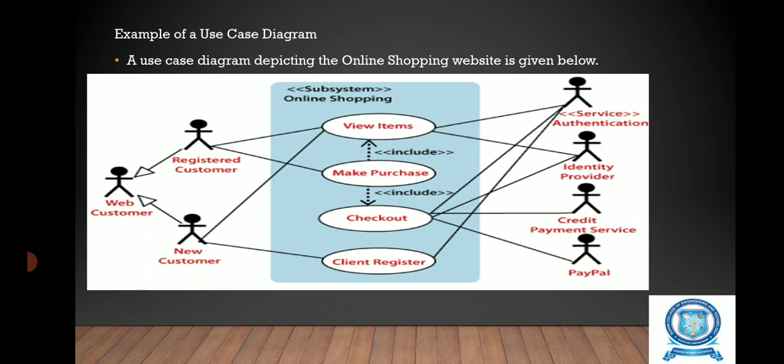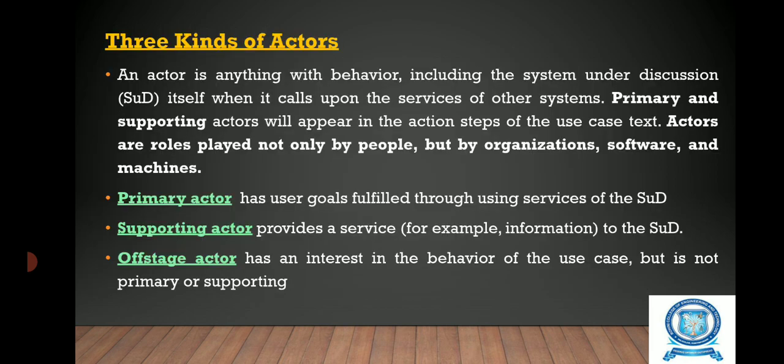And we have the use cases: view items, make purchase, checkout, client register. Each customer is going to view the items, select them, then make a purchase, then pay and check out. If we are a new user, we are going to register. That is what the diagram shows.